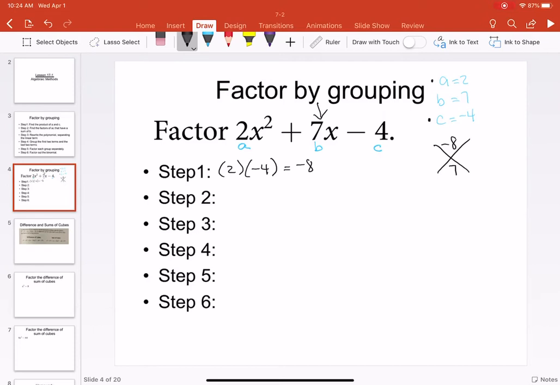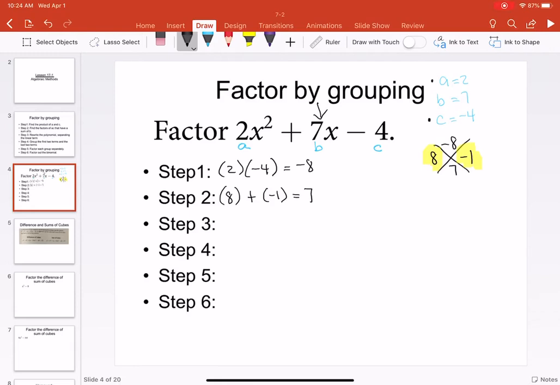So what two numbers multiply to negative 8 and add to 7? That would be 8 and negative 1. I know that 8 plus negative 1 gives me the linear coefficient of 7.